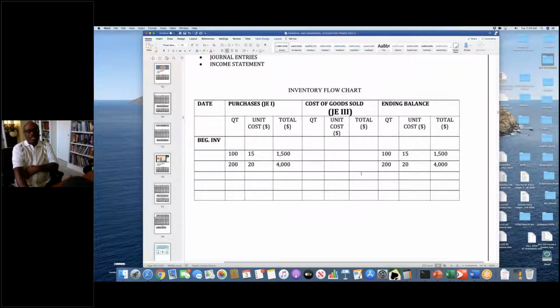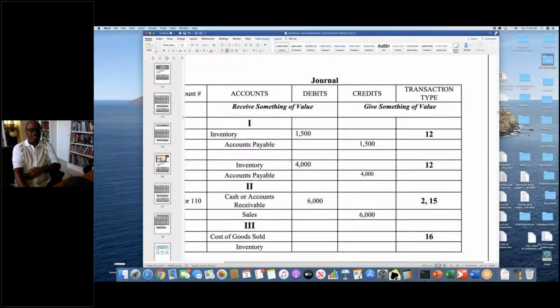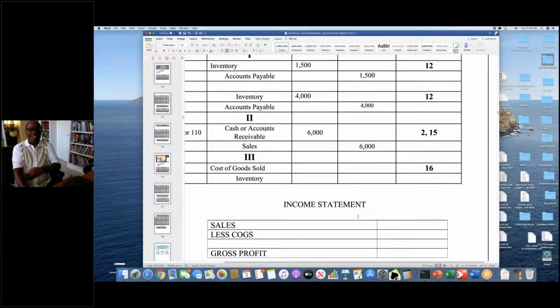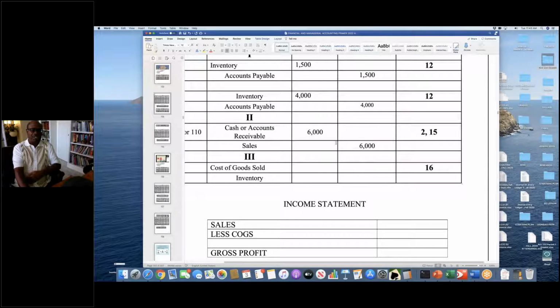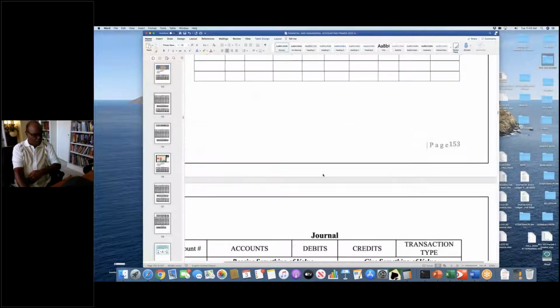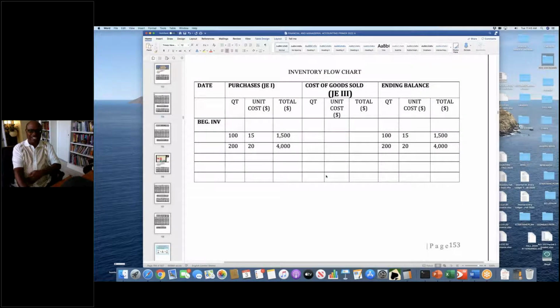It goes in this journal entry. It just don't go on the chart. So we're making an entry about it, but I don't have to put it on the inventory chart. Correct. The only thing that goes on the chart is journal entries 1 and 3. See why I said that 3 times?